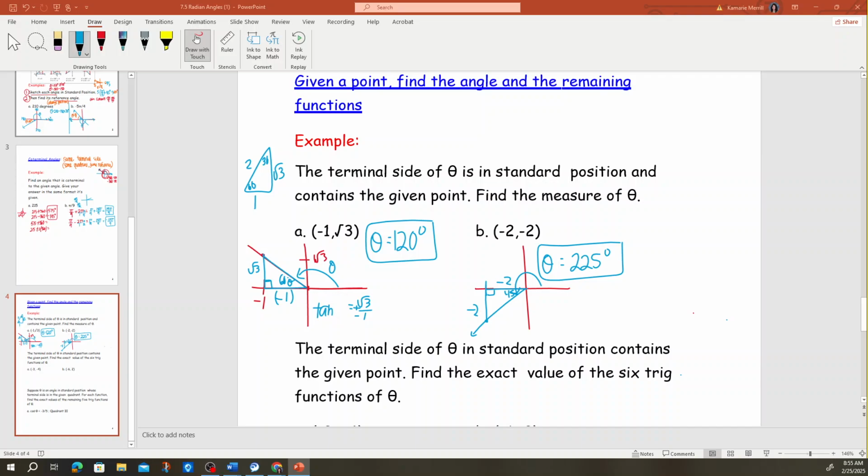So let's pretend we weren't doing a very good job or it wasn't a special. Does that sound good to everybody? Okay? And so what goes into my calculator when I want to find that angle? Tangent inverse. So I take tangent inverse of negative root 3. Would somebody tell me what that angle is? Tangent inverse of negative root 3.